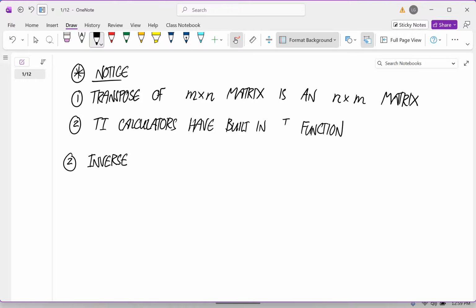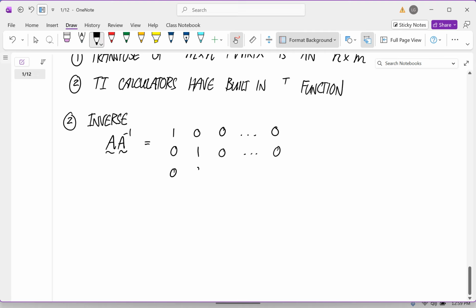That's what an inverse means with numbers. With a matrix, if you multiply a matrix times its inverse, and it doesn't matter the order, you get the identity matrix. So the identity matrix looks like 1s on the main diagonal, and then 0s everywhere else.